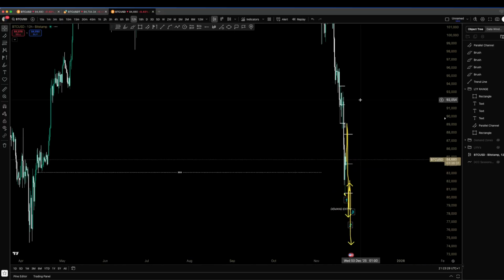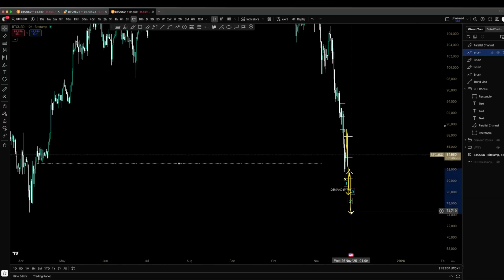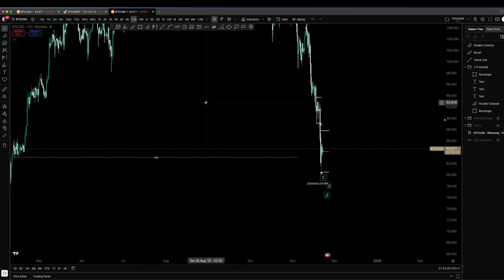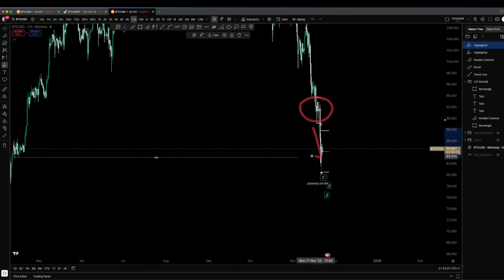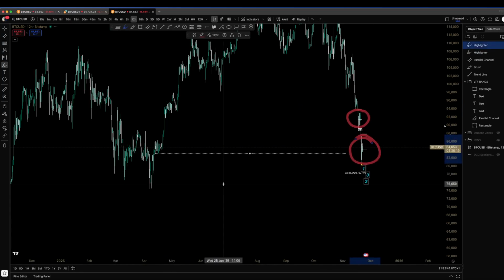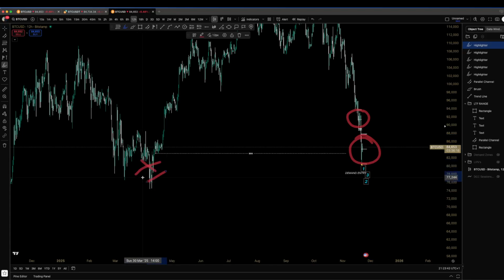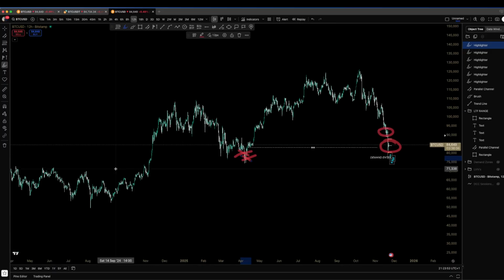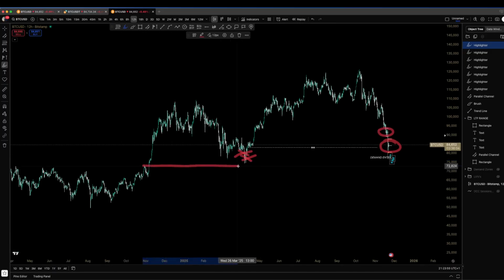So what happens next is we don't have any support. Like here, we had support back down here. But here, if we fill this model, there are no real demand zones. There will be nobody there to step up and buy the price again. And then we look here, the first front run demand.